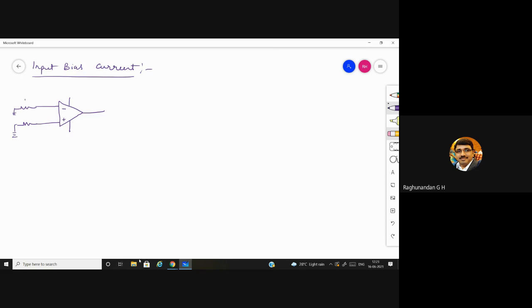This is R1, R2, and the current through this is IB1, and the current through this is IB2. Inside this op amp, as we discussed in the last class, we are having two transistors. Any doubt?